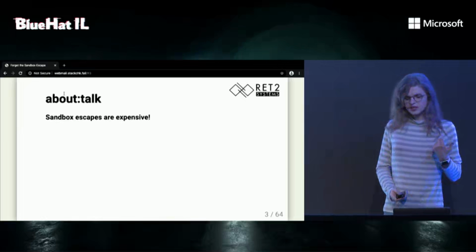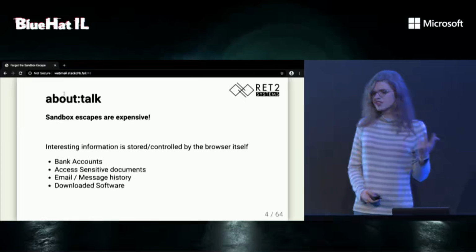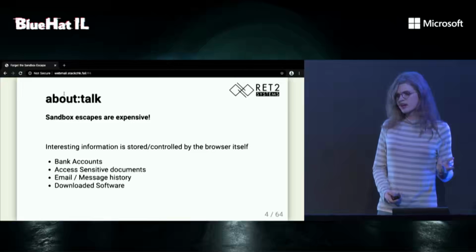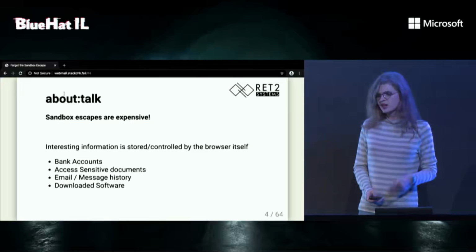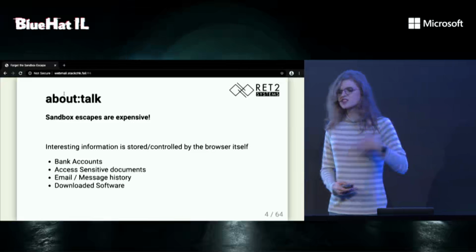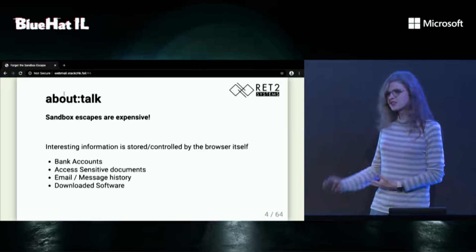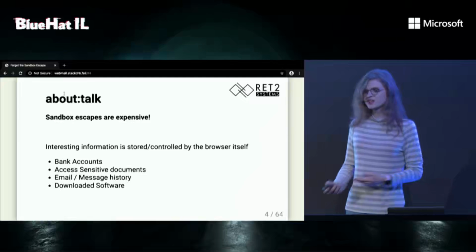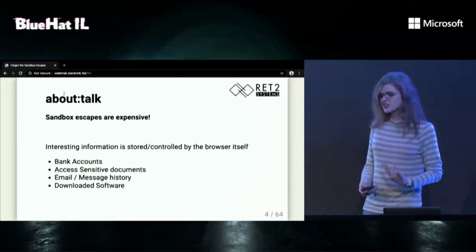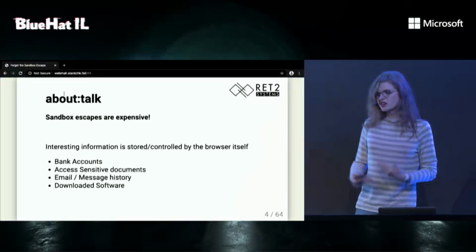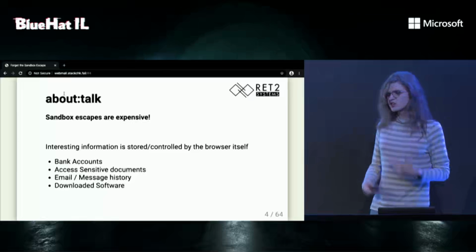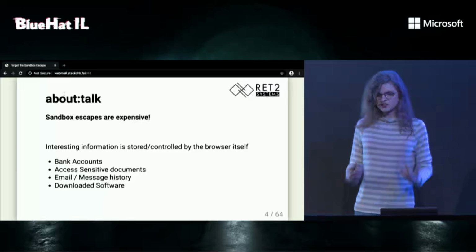But also, there's a lot of interesting information that is stored entirely within the browser itself. For example, your browser has access to your bank accounts, sensitive documents, whether they're on the LAN or in the cloud, your email messaging history, and it's also where you download software. So this is a location where you put a lot of trust into the browser.